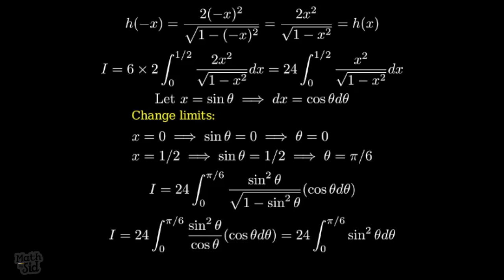Plugging in the limits, we get 12 times (pi over 6 minus sine of pi over 3 divided by 2) minus 0. Since sine of pi over 3 is square root of 3 over 2, this simplifies to 12 times (pi over 6 minus square root of 3 over 4). Distributing the 12 gives 2 pi minus 3 square root of 3.